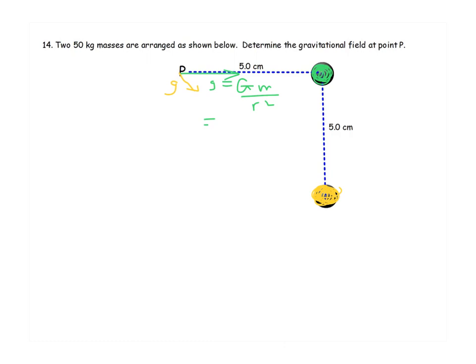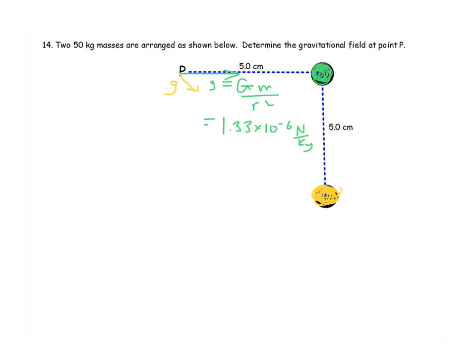So that's 6.67 times 10 to the negative 11 times the mass, which is 50, divided by 5 times 10 to the negative 2, because it's in units of centimeters. I want it in meters, and that's squared. So this is 1.33 times 10 to the negative 6 newtons per kilogram.